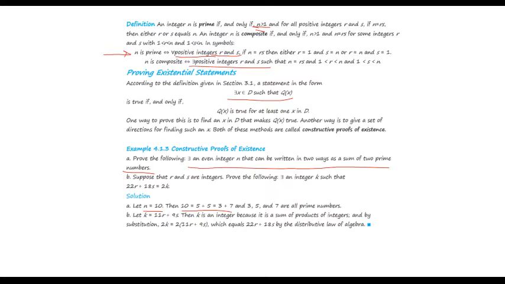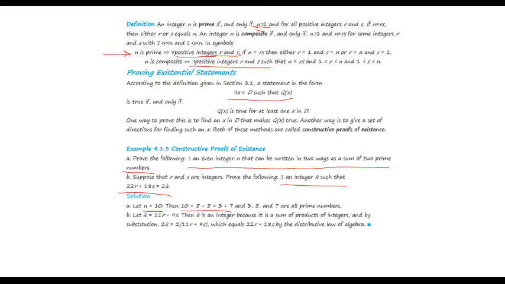In the second part, part B, the question is, suppose that r and s are integers, prove the following existential statement. There is an integer k such that 22r plus 18s is equal to 2k.